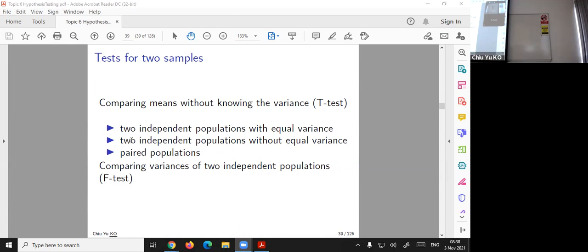So you would care about the difference of these two observations, and that would be the measurement. Okay, so that is the most special case, the paired, and these two are the two extremes.